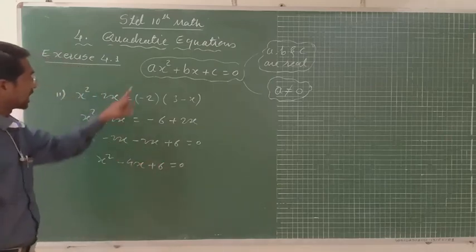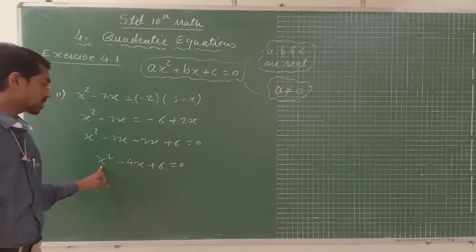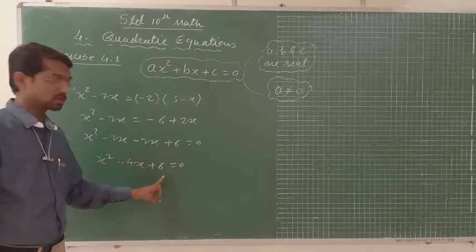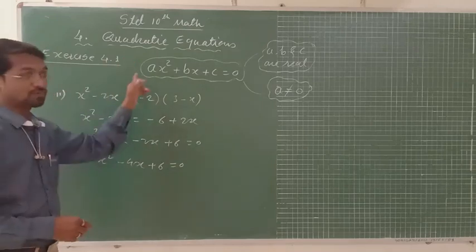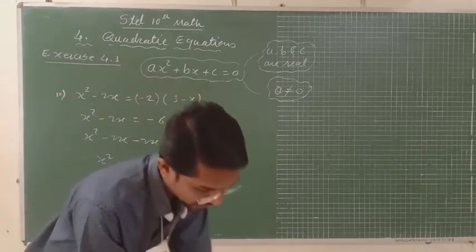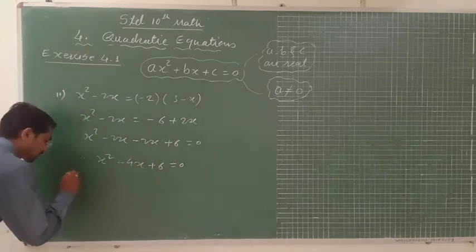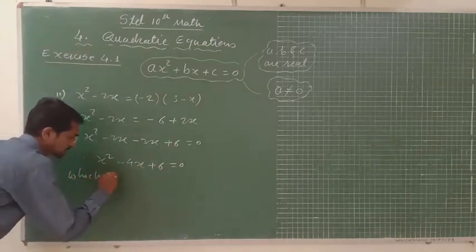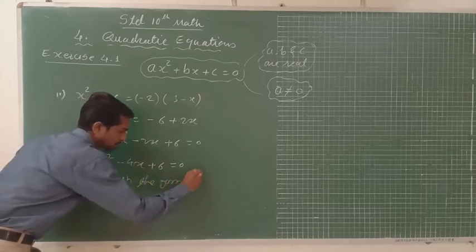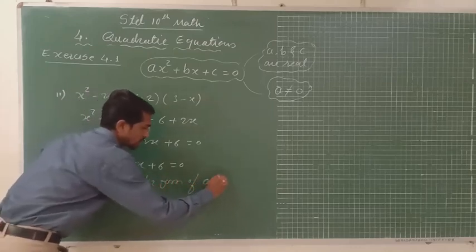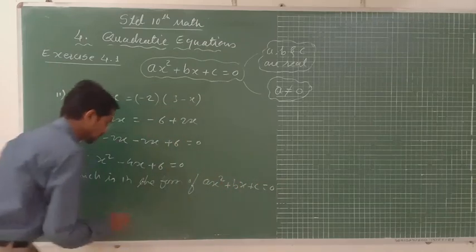Now compare with ax square plus bx plus c is equal to 0. Here the first term is x square, the second is x, and then the constant. So it is in the form of the quadratic equation, standard form. Which is in the form of ax square plus bx plus c is equal to 0.